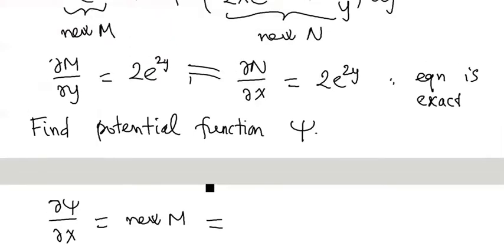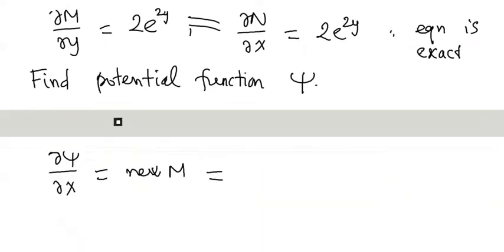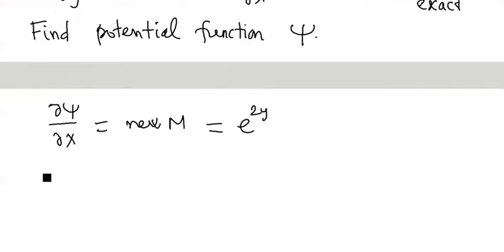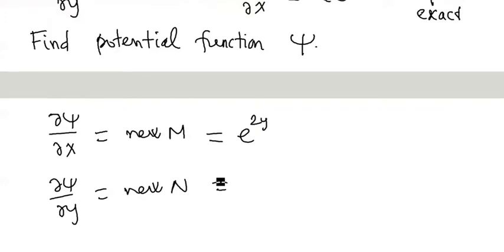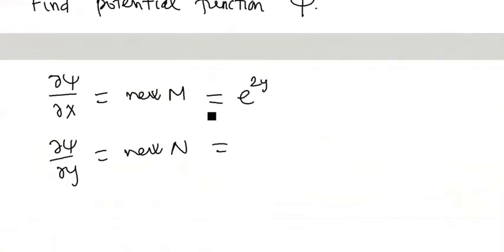If you go back, e to the 2y is the new M. And then partial psi, partial y is the new N, which is 2x e to the 2y plus 1 over y.